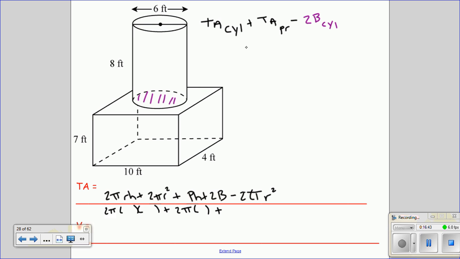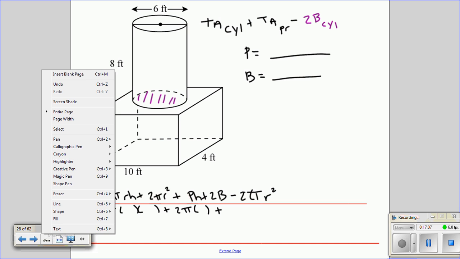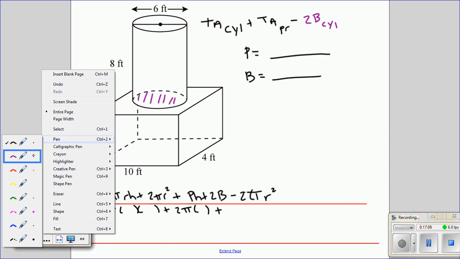You might want to find the perimeter of my prism and the base of my prism separately. So that all we need to do is just substitute the numbers where we need them.